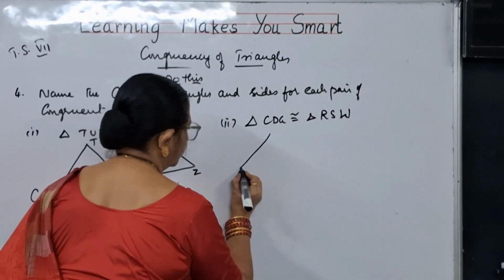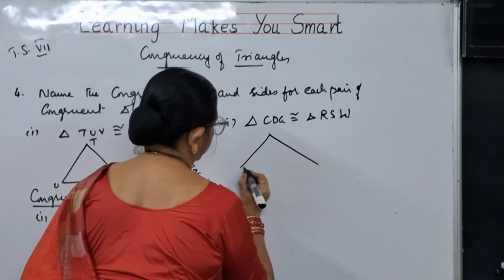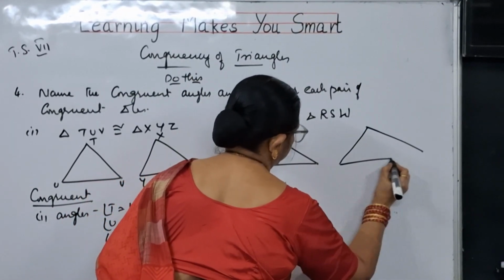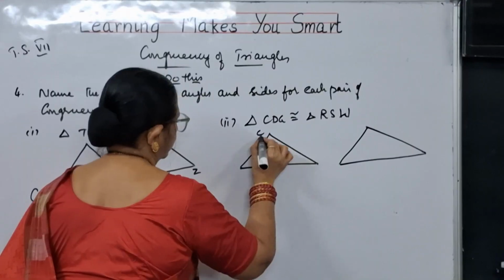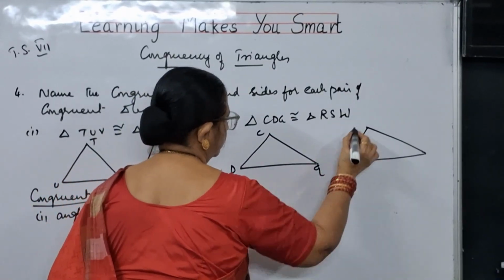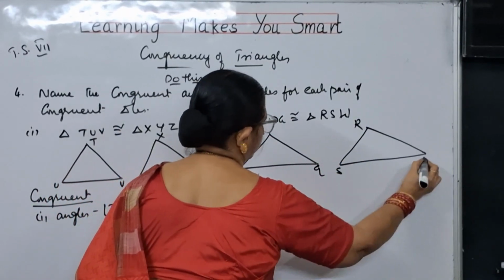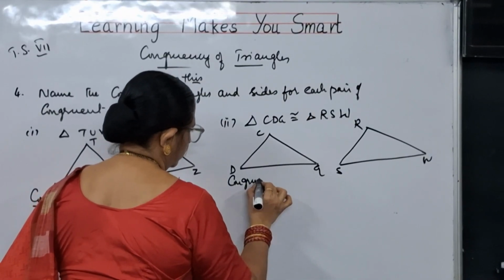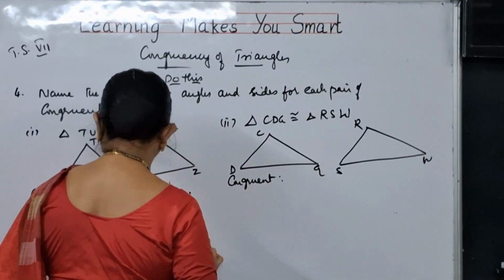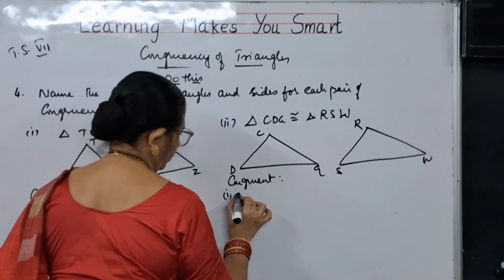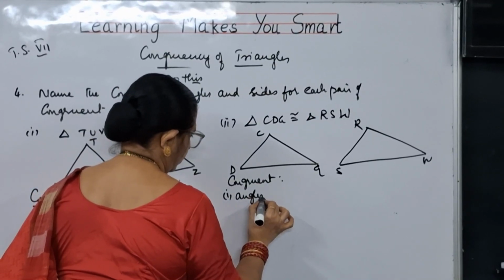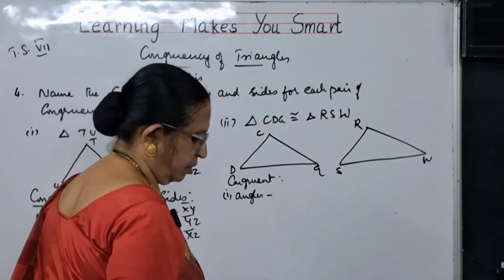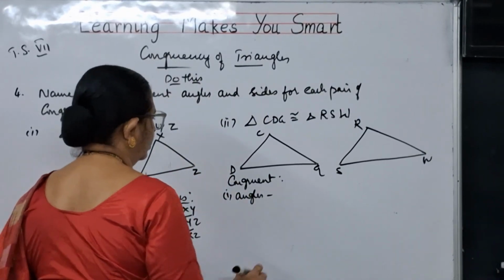So, let me draw two triangles, CDG and RSW. For this, congruent, first one, angles. Congruent angles are what?